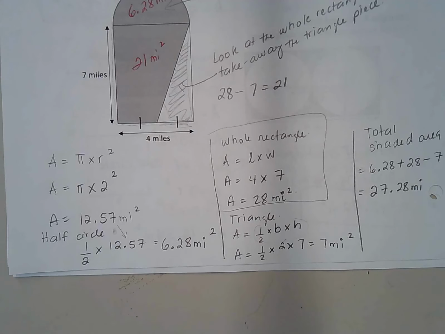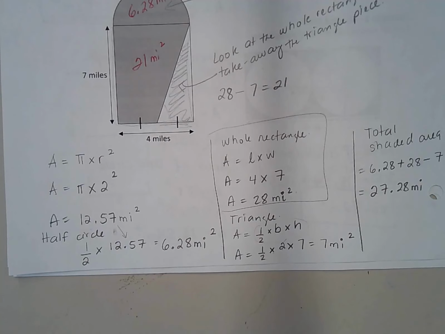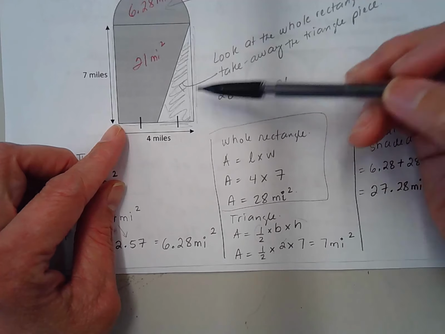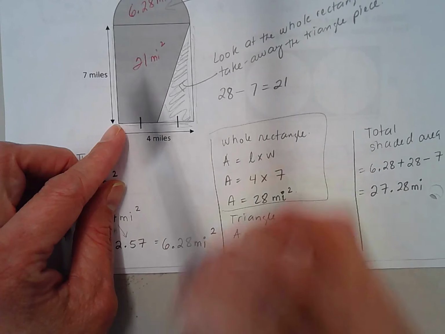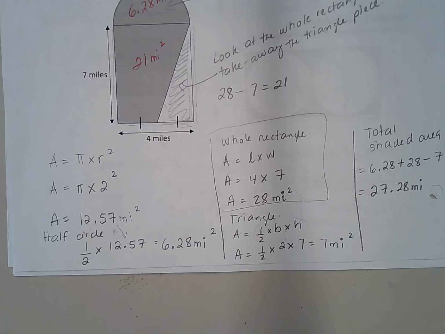Oh no, it doesn't. So instead of 4 times 7, you can go 7 times 4? Yeah. Length times width, or base times height. They're the same thing. Okay. Any other questions? Are you okay with that?